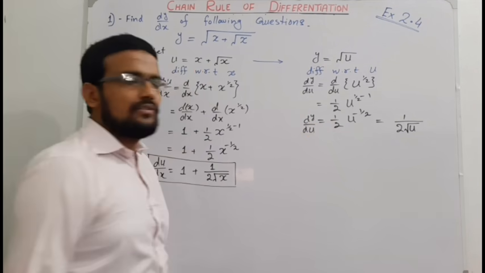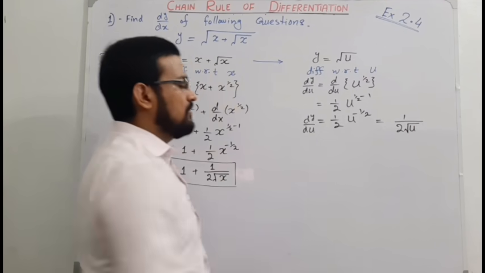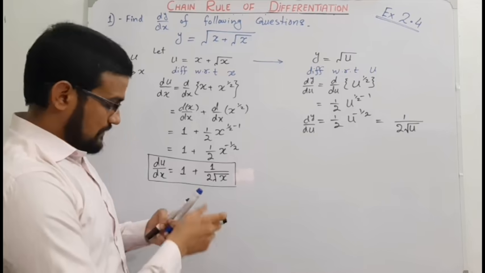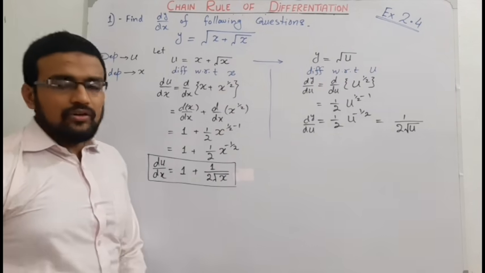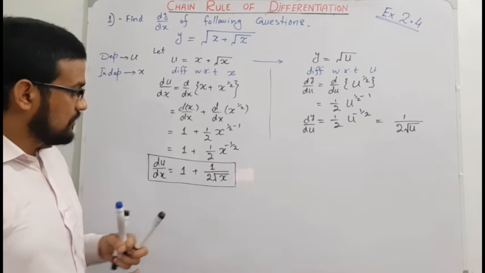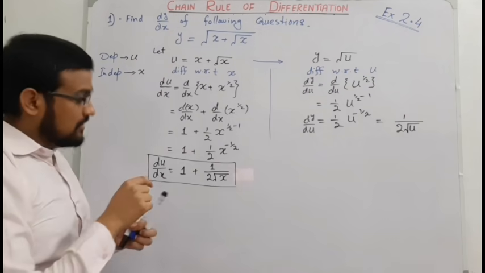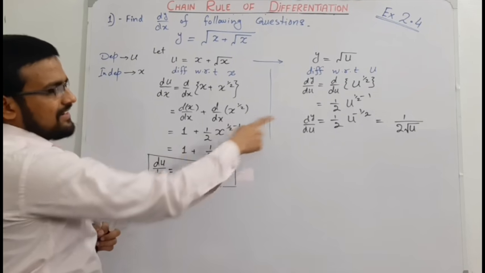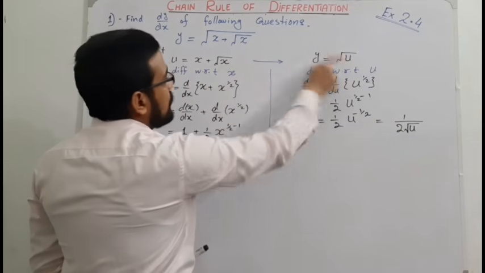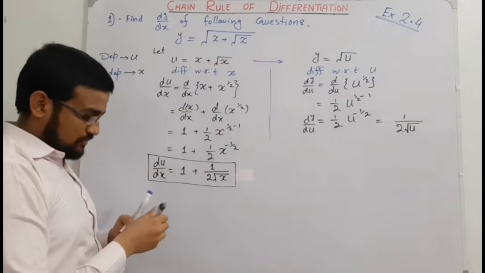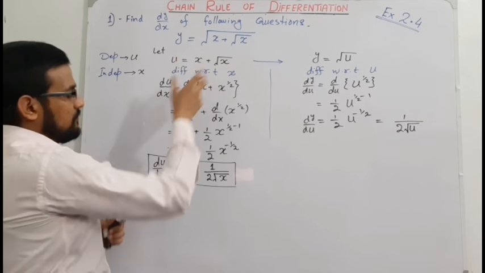dy over du is equal to 1 over 2 square root u. Okay. Now according to chain rule, because our requirement is dy over dx, and in this question we split into two different functions because this is a composite function.